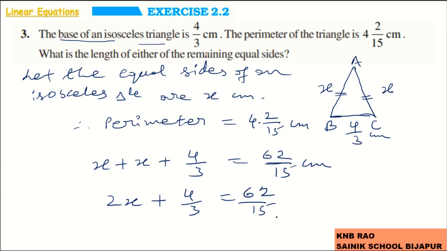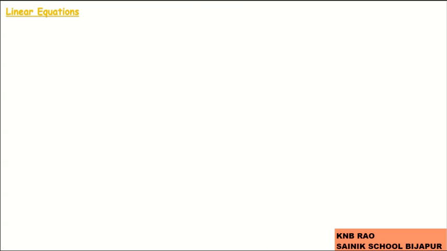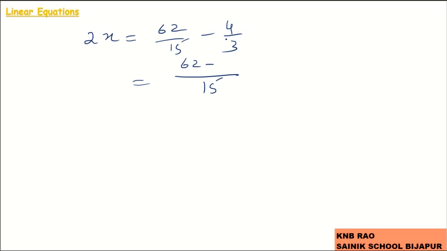4 by 3 is an addend, if it comes this side it becomes a subtrahend. So, 2x equals 62 by 15 minus 4 by 3, LCM is 15, 62 minus 3 in 15 for 5, so 5 4s are 20, gives 42 by 15 is 2 times x.